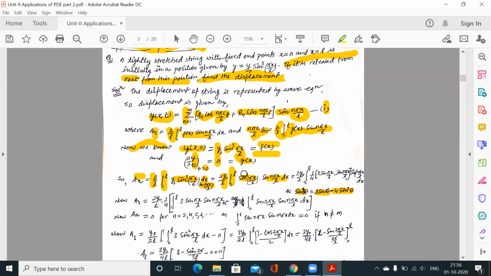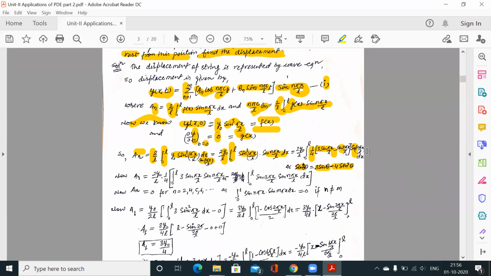For sin cube theta, I have written 1/4 (3 sin theta), that means 3 sin(pi x/l), and minus sin 3 theta, so sin(3 pi x/l), into sin(n pi x/l) dx.